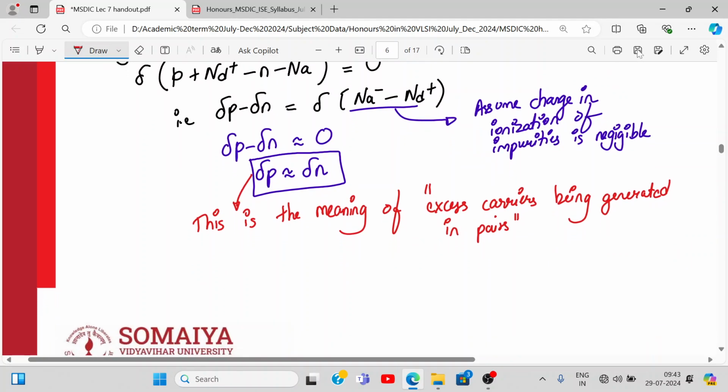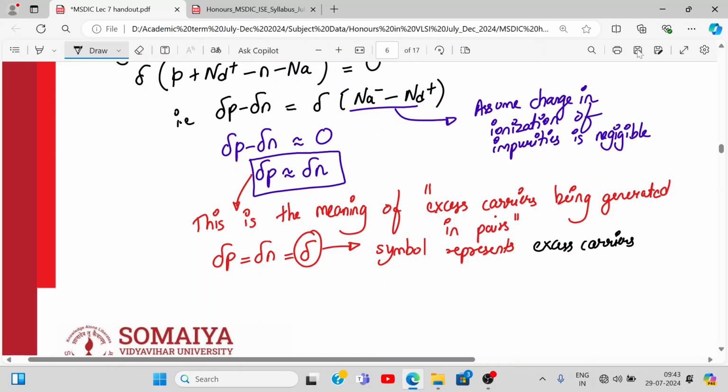So what does this delta mean? This delta P is equal to delta N is equal to delta. What does the symbol represent? Symbol represents excess carriers over and above the equilibrium value.